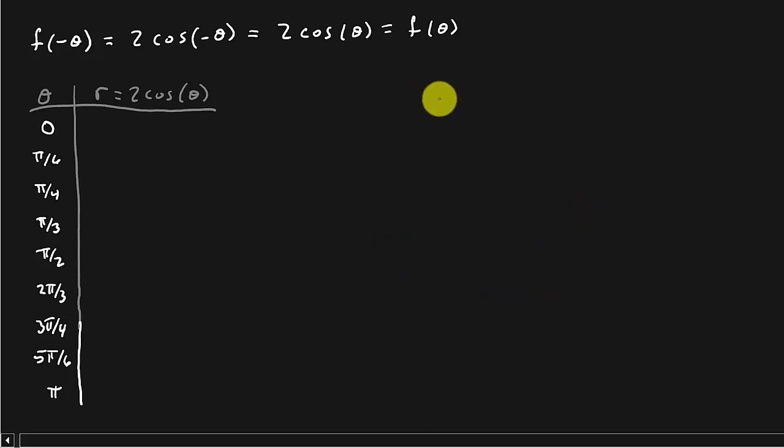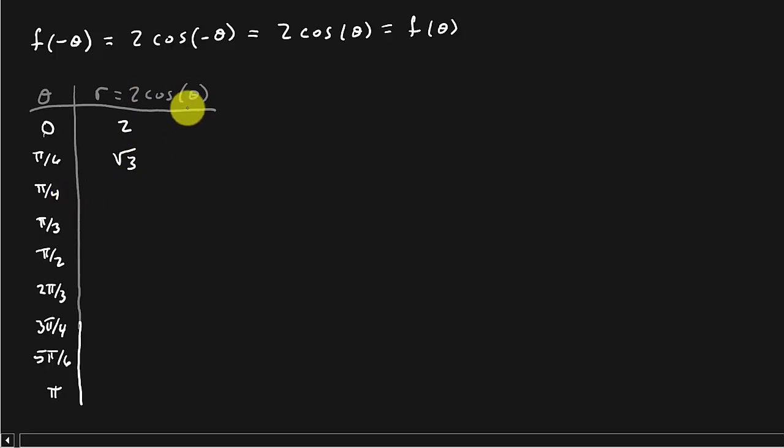And so if I evaluate these, well, the cosine of 0 is 1, right? When I plug 0 in for theta, cosine of 0 is 1 times 2 is 2. The cosine of pi over 6 is square root of 3 over 2, times 2 is just square root of 3.